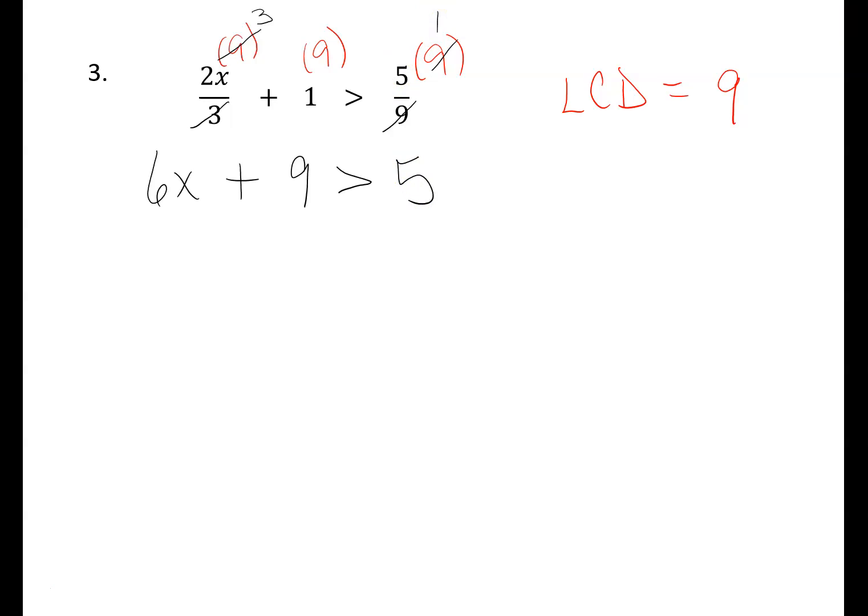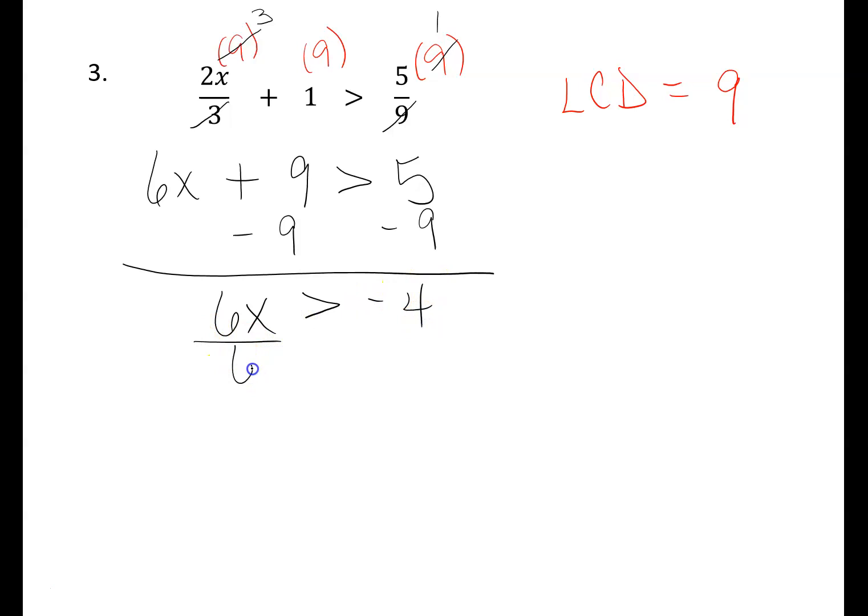We want to keep x on the left, so the next step is subtract 9. Keep your symbol. And now to isolate, we're going to divide by 6. So the number we're dividing by is positive, therefore the symbol does not reverse, it stays the same. Even though our answer is negative, that doesn't affect the symbol.